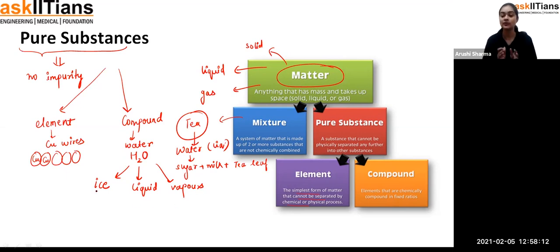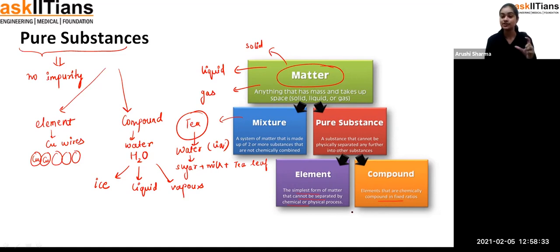That means a compound is something in which elements combine together, but if we look at the overall structure, we find only one type of compound present in it. The whole structure of water has only the H2O compound. So, students, a compound is elements chemically combined in a fixed ratio.